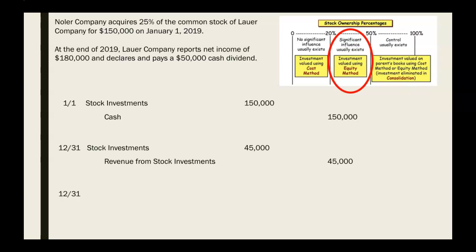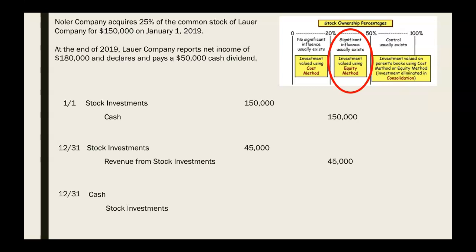Now, we also need to record this cash dividend that you get. So if we get a cash dividend, we'll be getting cash, right? So our cash has to go up. But all of a sudden now our stock investments are going down. What's happening there? Well, your stock investments act like a company's retained earnings, right?